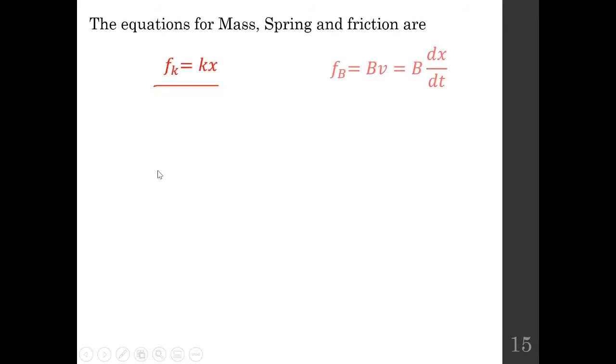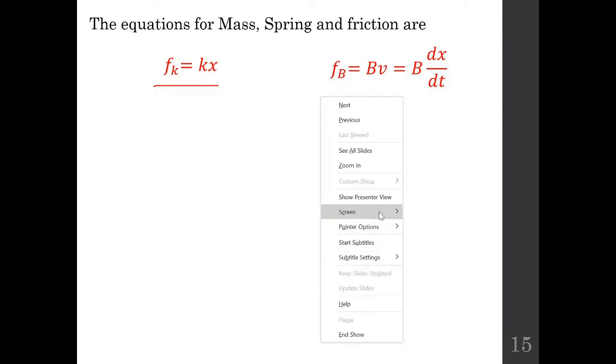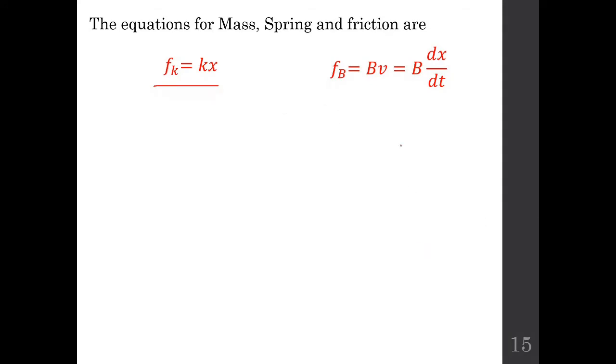So we have this F of K, which equals K into X. Then we have the frictional opposing force, which equals B into V. B is the frictional coefficient and V is simply dx by dt. Then we have the inertial force, which equals M into A, or M into d2x by dt square.